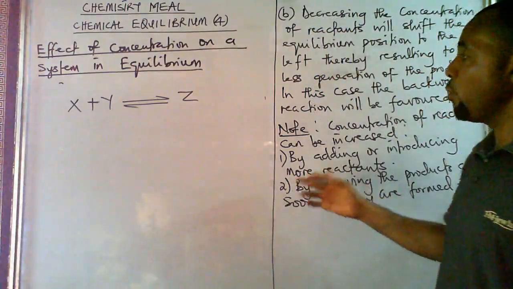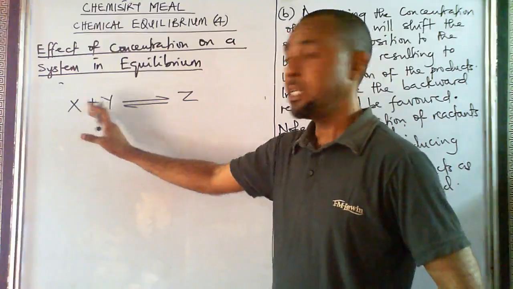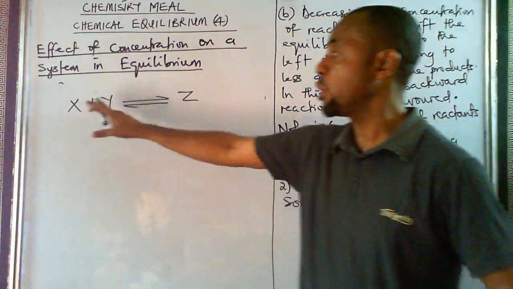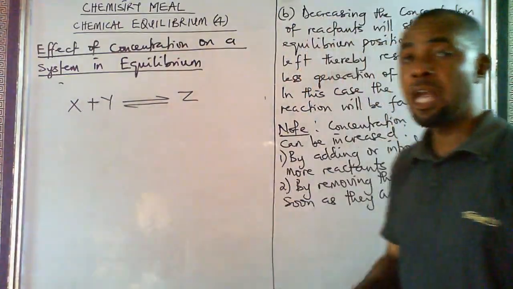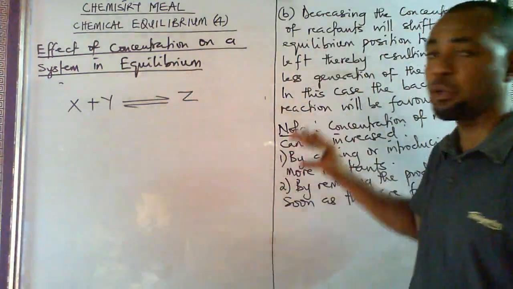Now, another way, apart from introducing more of X or more of Y, in order to shift the equilibrium position to the right, that is in order to increase the concentration of the reactant, is to remove the product.